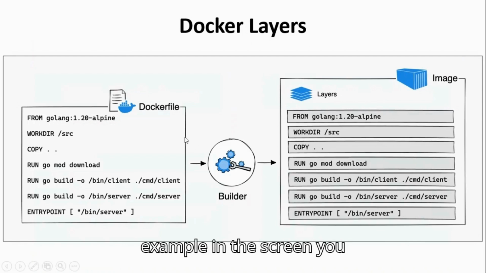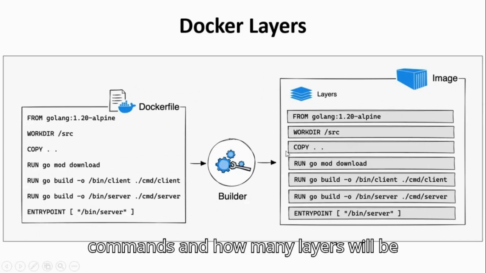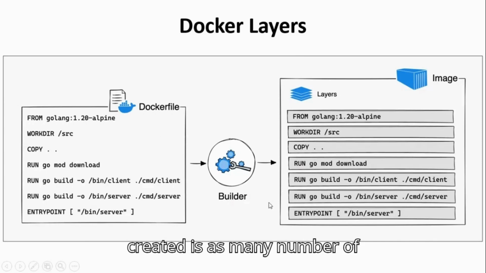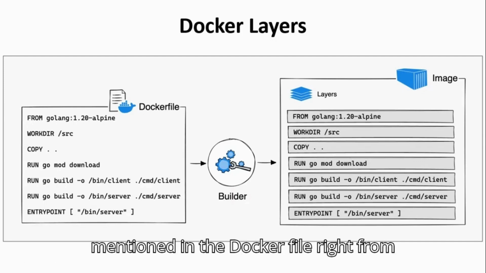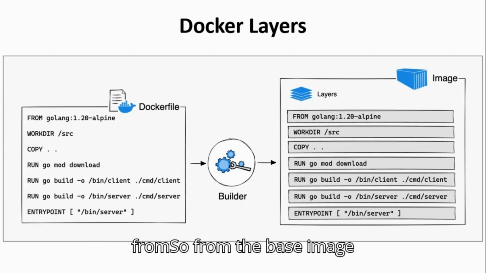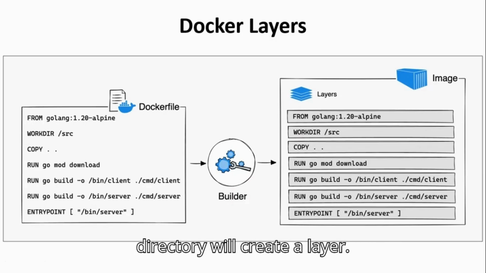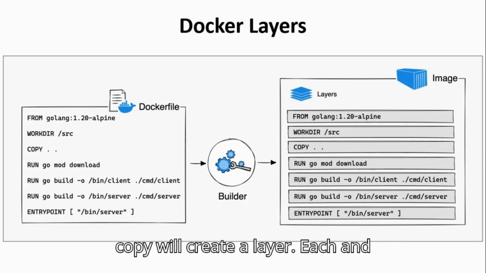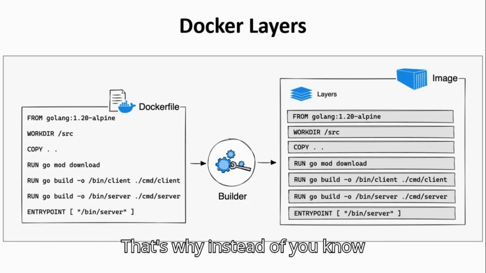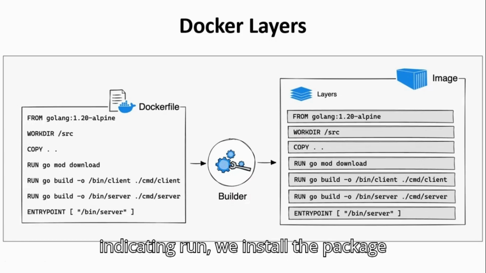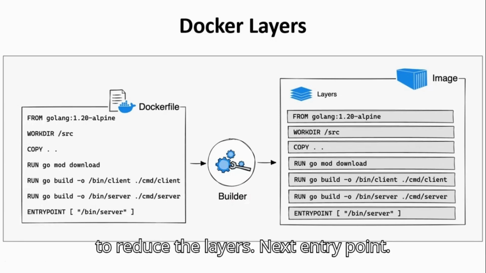For example, on the screen you can see the Dockerfile has these commands, and as many layers will be created as the number of instructions we have mentioned in the Dockerfile. Right from the base image, it will create a layer. Next, the working directory will create a layer. COPY will create a layer. Each and every RUN will create a layer. That's why, instead of writing RUN pip install for each package we want, we use requirements.txt to reduce the layers.